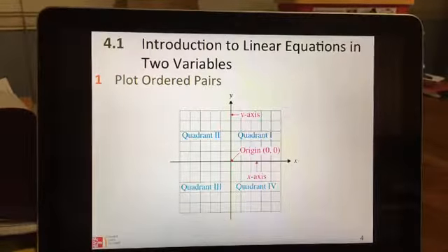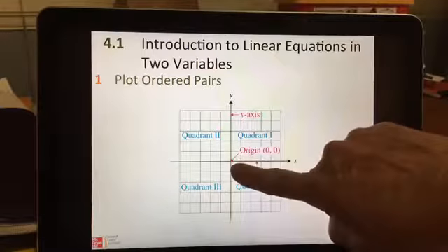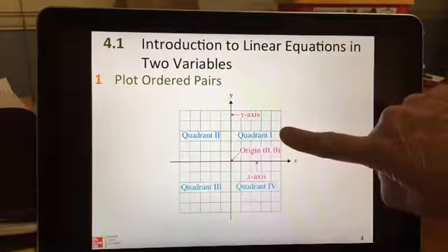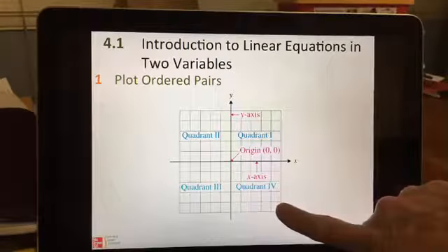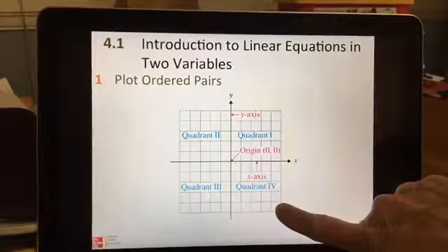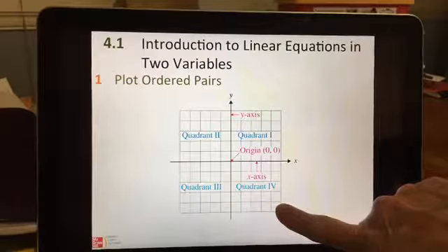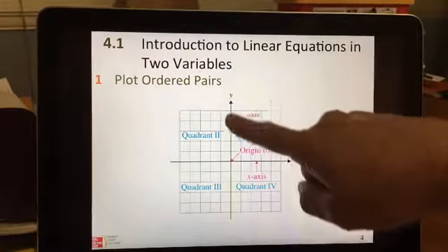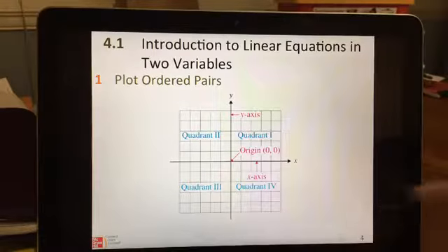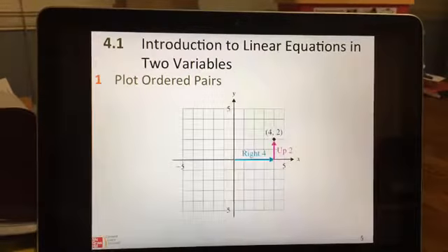And we have our origin here. We have quadrant 1, quadrant 2, quadrant 3, quadrant 4. They're always going to use Roman numerals. I don't know why. But we have the x-axis and the y-axis. So you should be familiar with this already, very familiar with this. This is just a review.